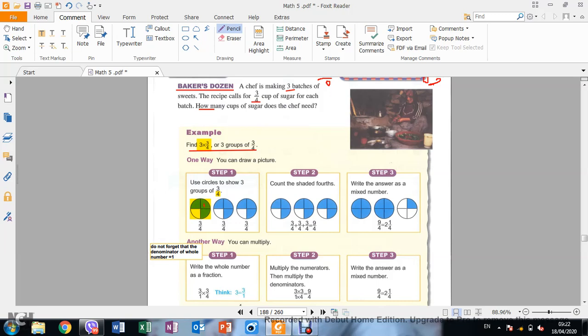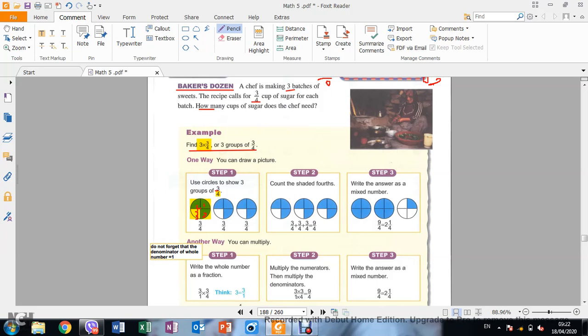This 1, this 2, this 3, and this 4, because our denominator is 4. So we divide into 4 parts. So 3/4 means 3 of them are shaded. Our numerator tells us how many parts are colored or shaded. So the 3 means 3 of them are colored, okay?